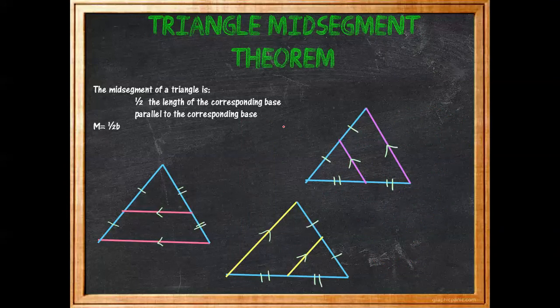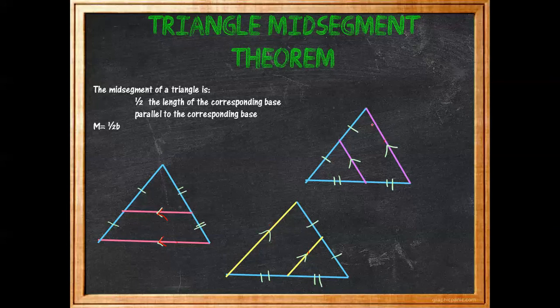The mid-segment of a triangle is half the length of the corresponding base, and it's parallel to the corresponding base. So for this one, this would be our base right here, and the mid-segment would be half of whatever this base is. This is the base of this triangle, and this is the mid-segment. See, they're parallel.